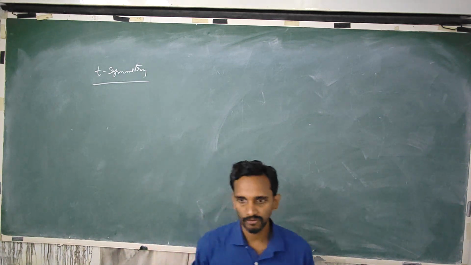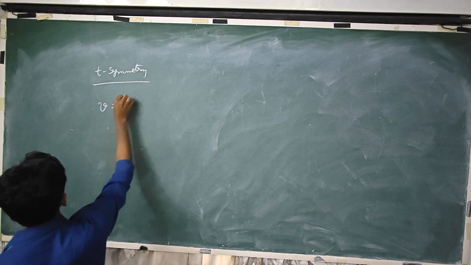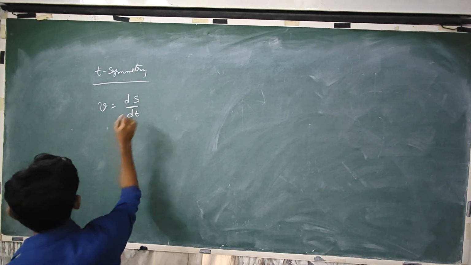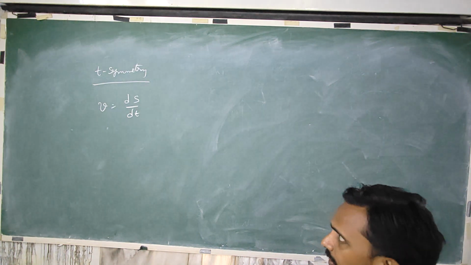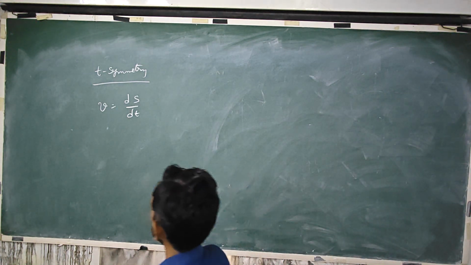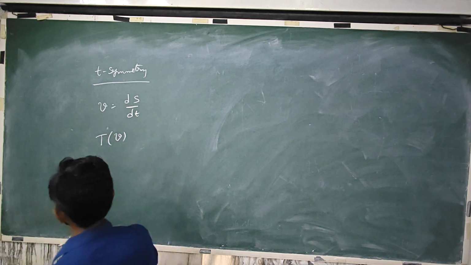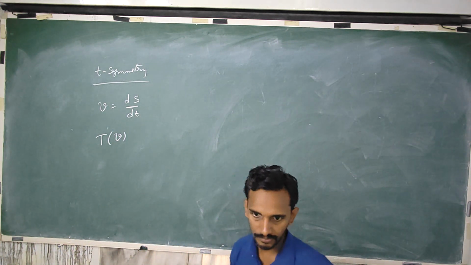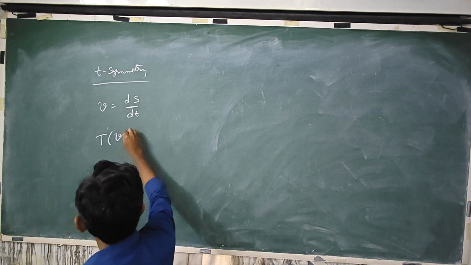Let's say you have velocity. Velocity is what? ds by dt, displacement by time. Rate of change of displacement is velocity. So if you apply the time reversal operation on this, what happens?